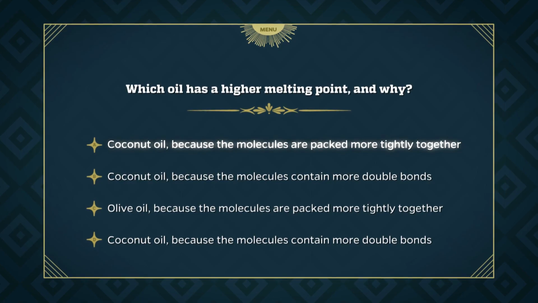That's right, the answer is the first one. Coconut oil has more saturated fats, and therefore the molecules are packed more tightly together, making it harder to melt. Of course, the amount of saturated and unsaturated fat isn't the only thing that affects melting point, but it is a big factor, and in the next few videos we'll discuss other factors that govern the melting point.